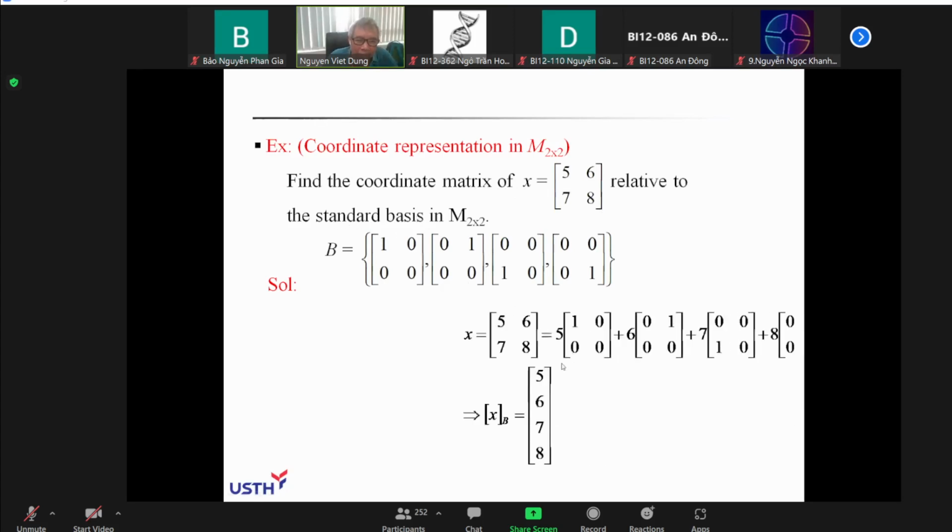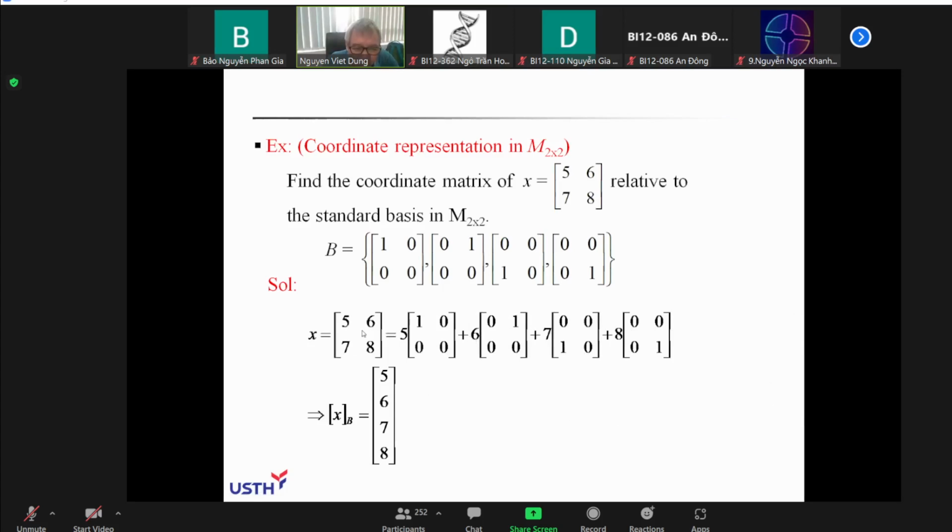Once again, you write it as a linear combination of the 4 vectors in the standard basis. When you find the coefficients, the coordinate column of that relative to B will be 5, 6, 7, 8. So that is a way you can represent a vector in coordinates whenever you are given a basis.